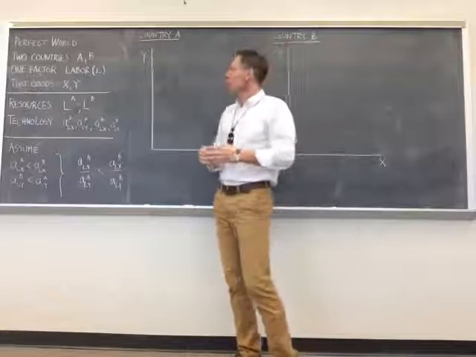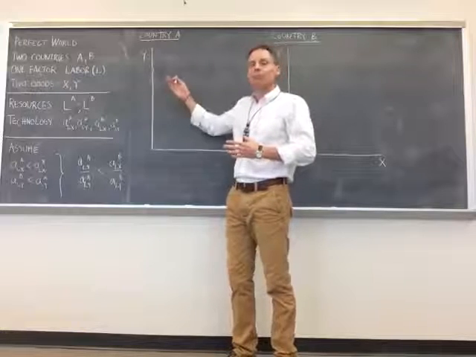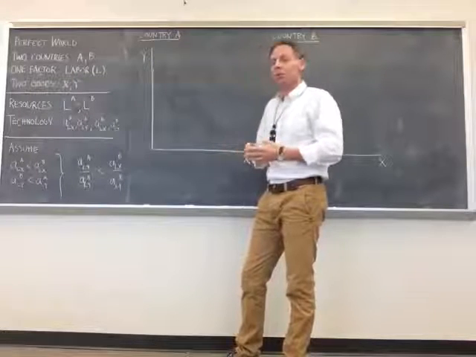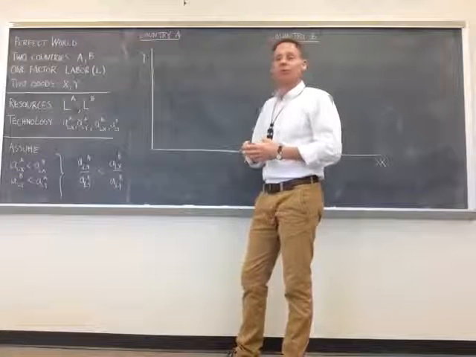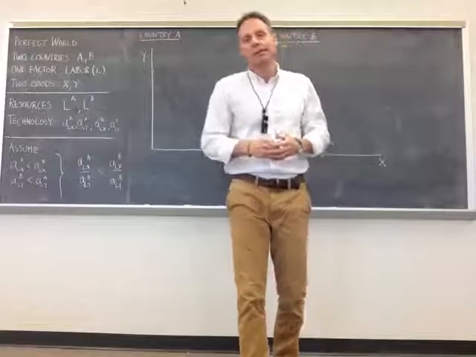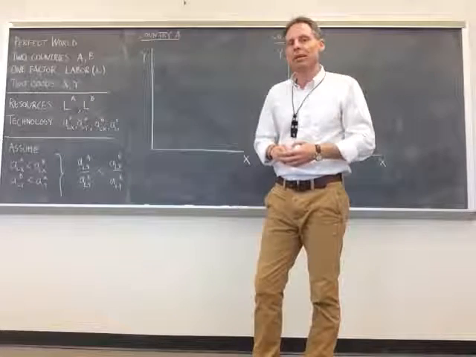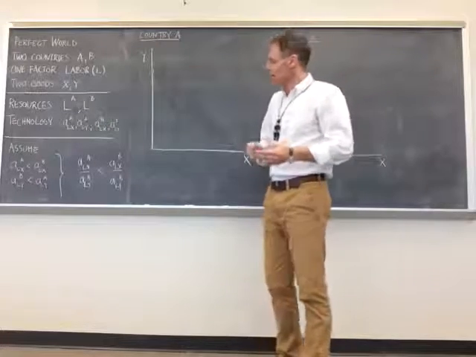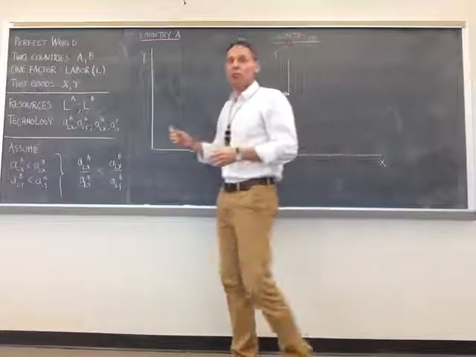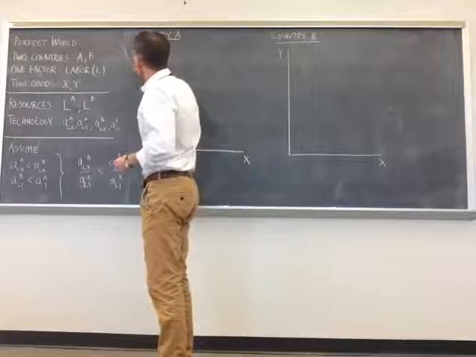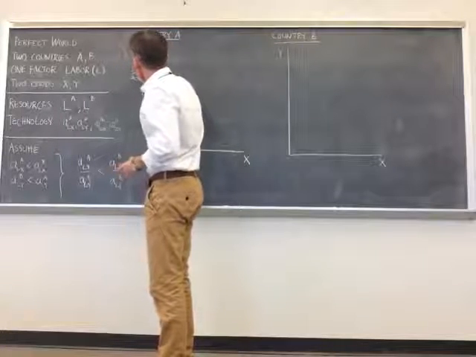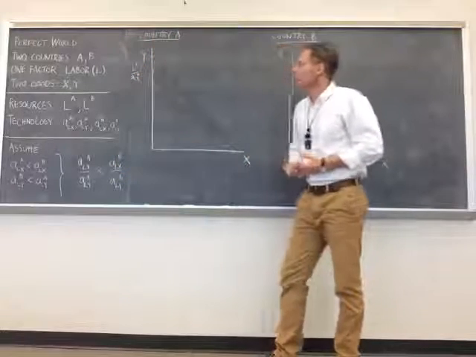Okay, so we know what our resources are, what our technology are across the two countries. And if we know resources and technology, we can draw a PPF, the combination of all goods that can be produced given resources and technology. Now, if all the workers in country A went into the Y industry, then we could produce this many Y goods.